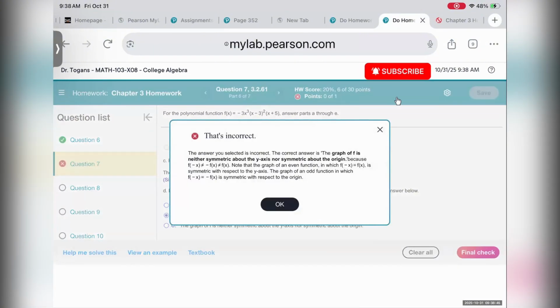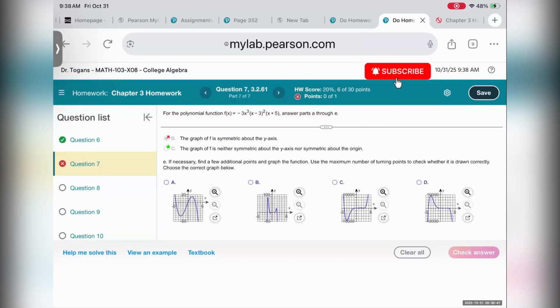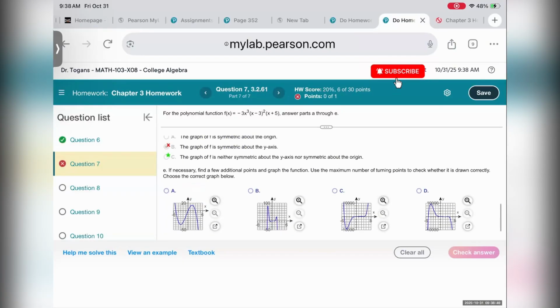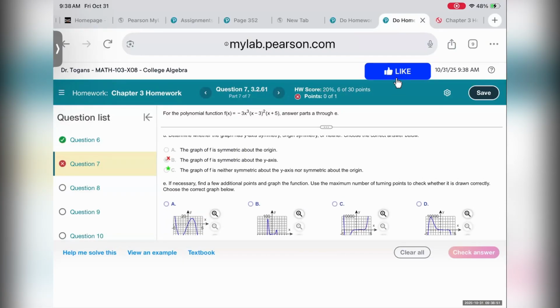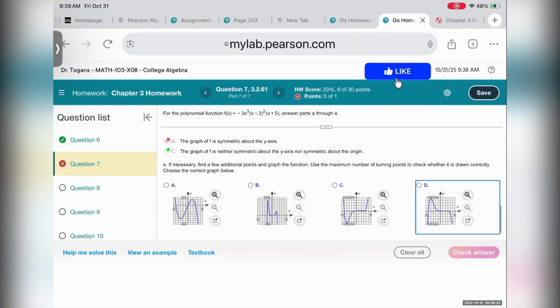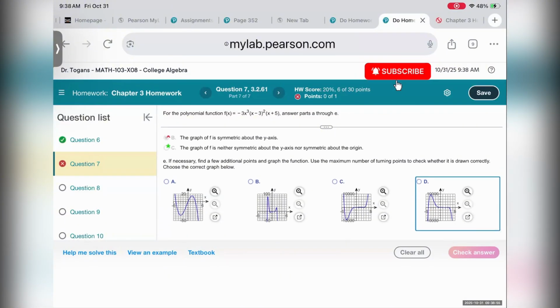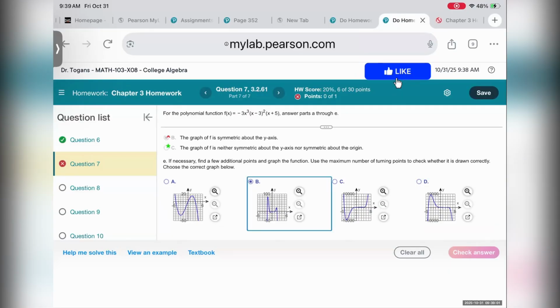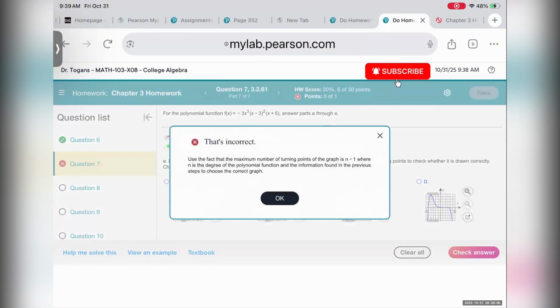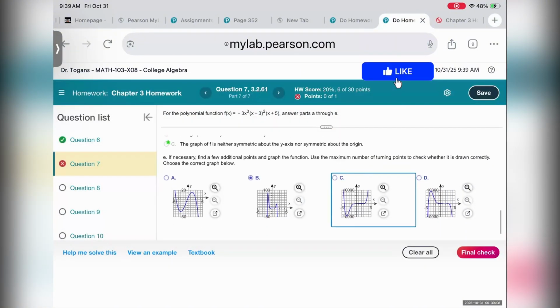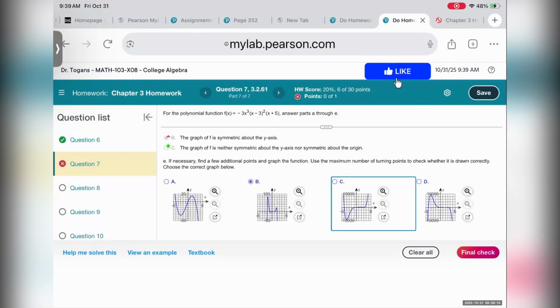Wrong. Oh man. Which one was it? Neither. Okay. It looked like the same function though. All right. And then the graph is probably B. It looks like that crazy B graph. Oh my God. Maybe it's D. Try D.